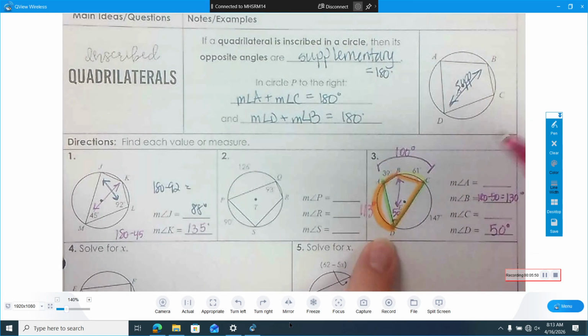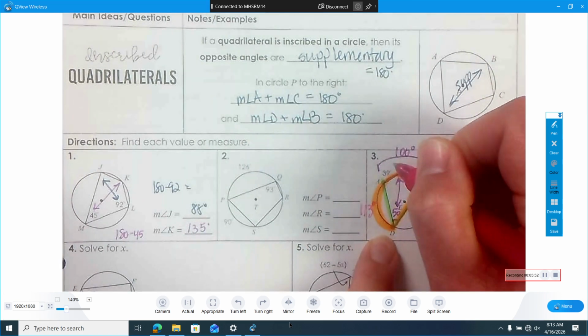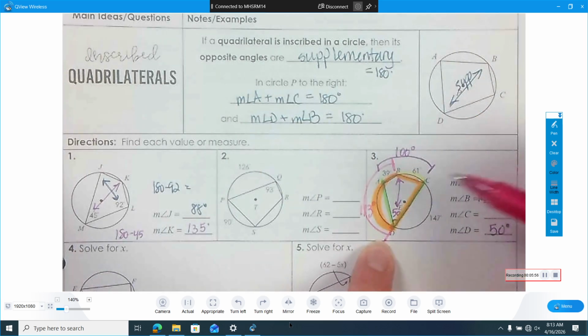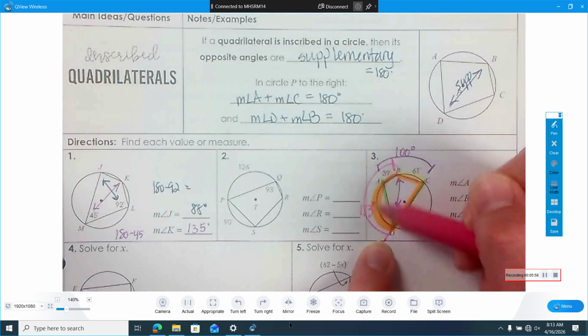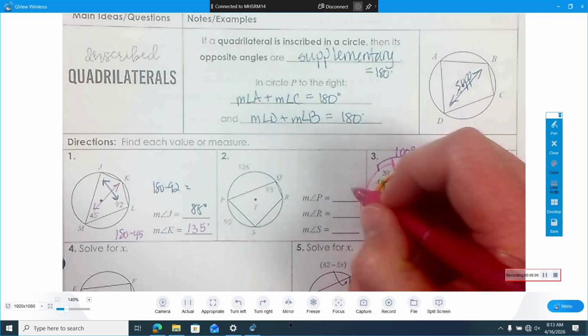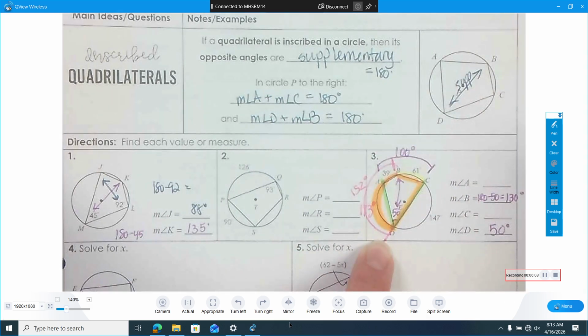Okay. So angle C here goes from B all the way to D. And so that would be 39 plus 113, which is 152. Is that right? Okay.